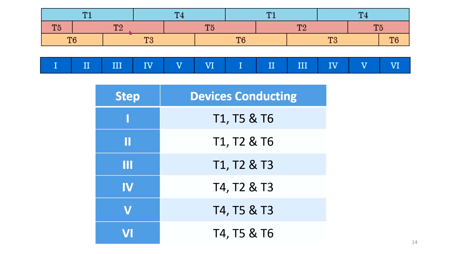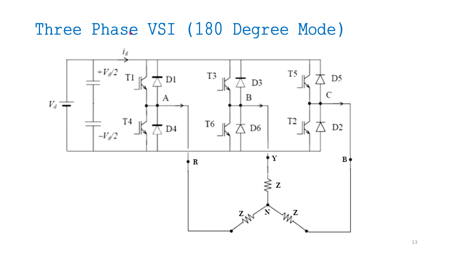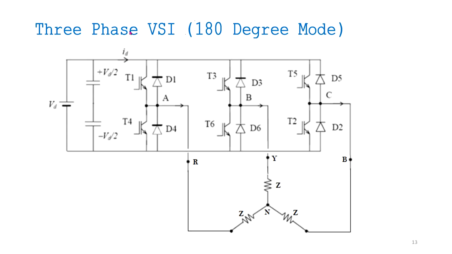And in the next pair, T1, T2 and T6 is conducting. Go back and look at the T1, T2 and T6. T1, you can see that, T6 and T2 is conducting.